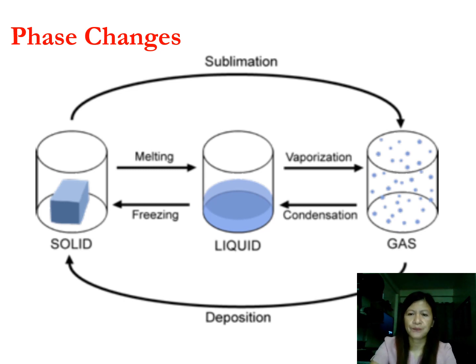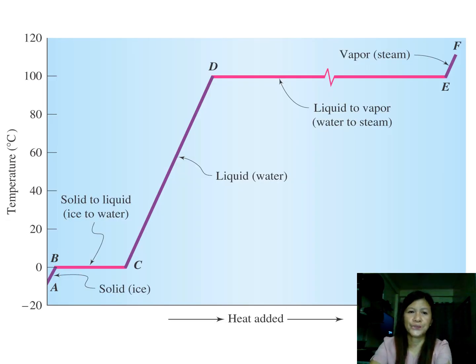The question is, when does a state of matter change from one state to another? You are correct. Temperature. Temperature explains the phase changes. We have here the heating curve for a pure substance.